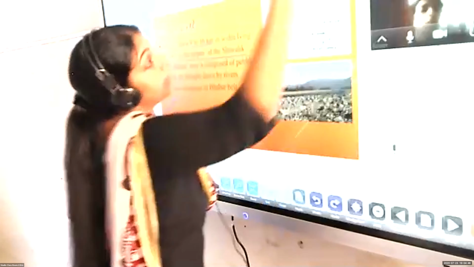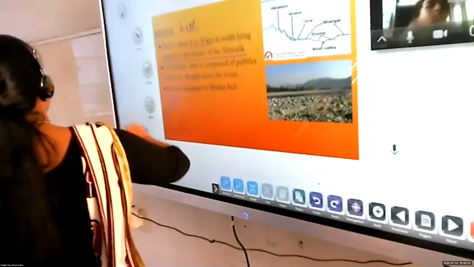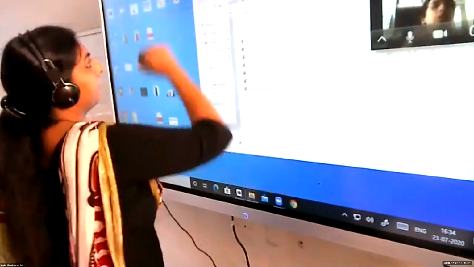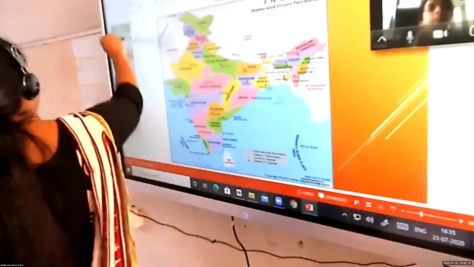Not Terai, Bhabar. There, water is not there. Pebbles and rocks are there. This area, the Bhabar belt, is composed of pebbles and rocks.